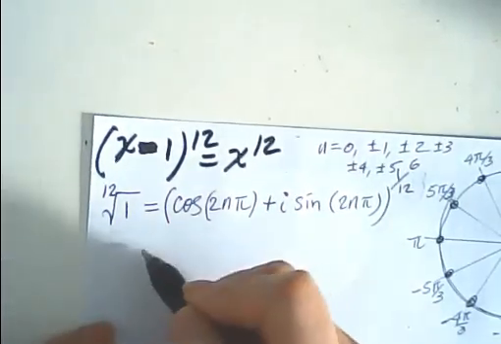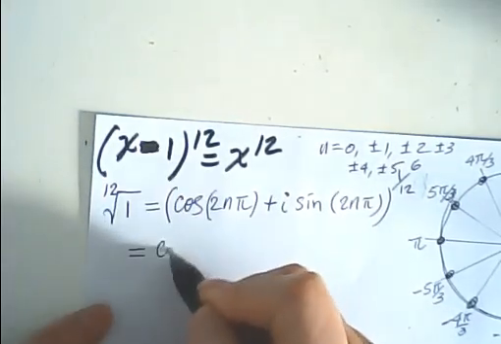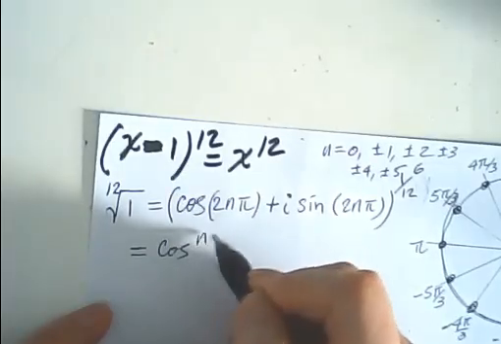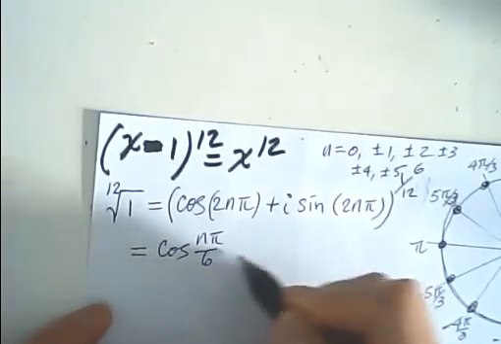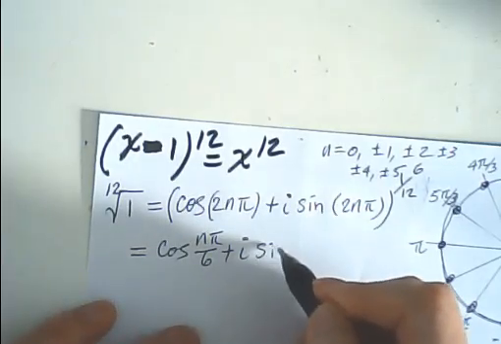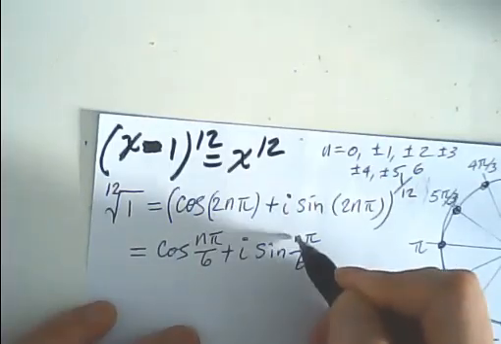Yeah. So this one is equal to cosine n pi over 6, right? Plus i sine n pi over 6.